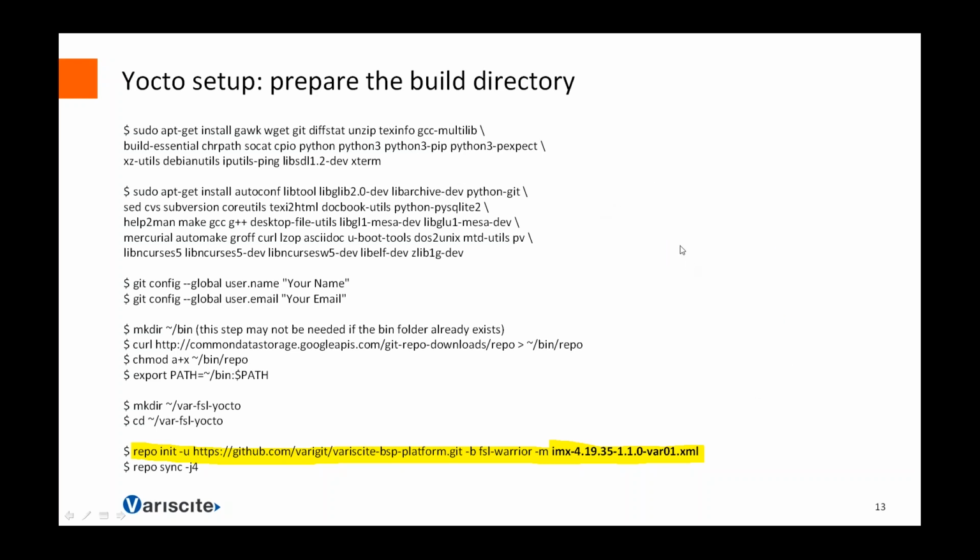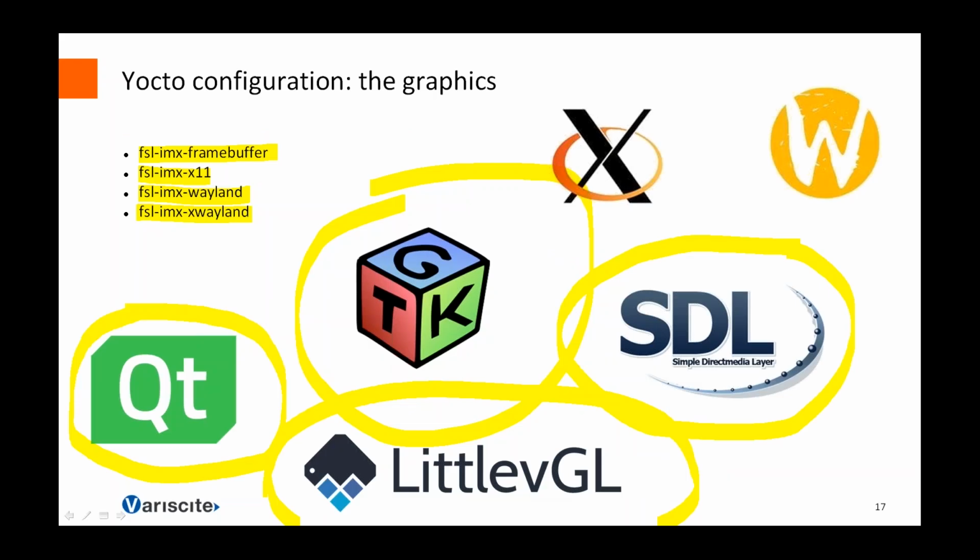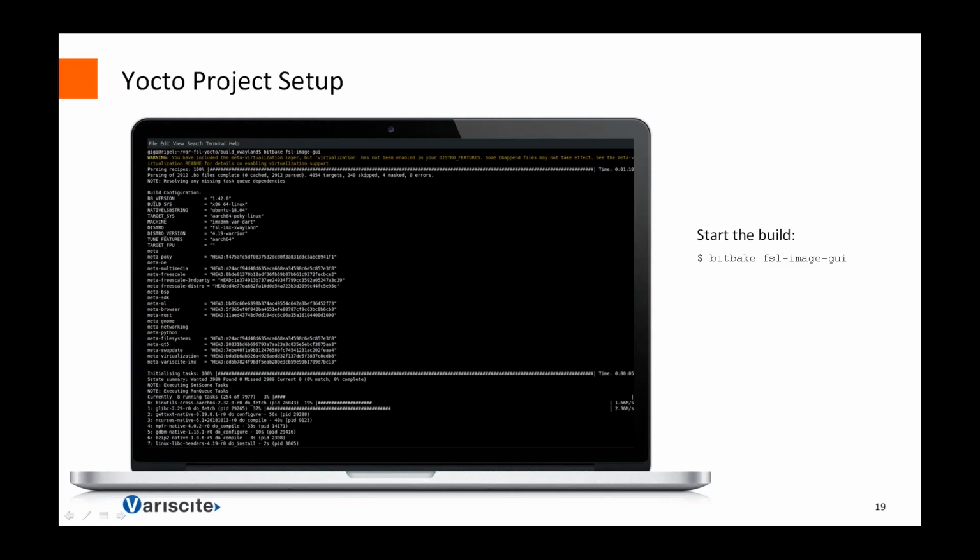Okay, let's start with the build now. When you start the build, you will run the command bitbake. Bitbake is used to do almost everything in the Yocto world.